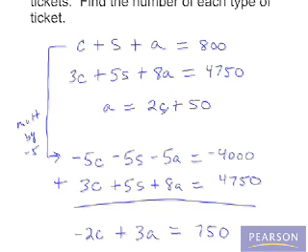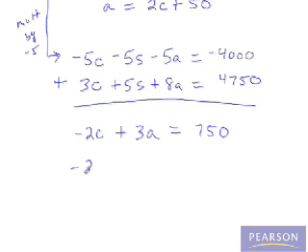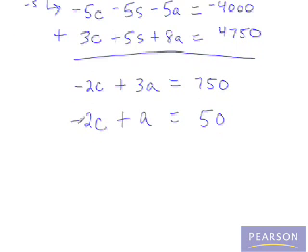Let's bring the 2C over to the left-hand side by subtracting 2C from each side. That gives us -2C plus A equals 50. Now I have a system of 2 equations with 2 variables that we will solve by elimination.